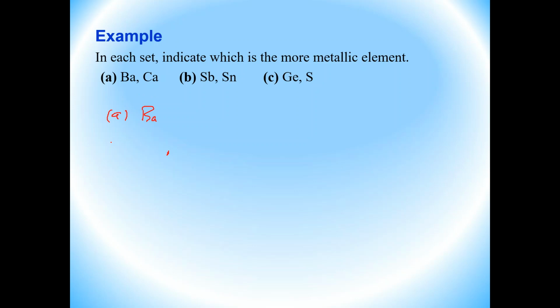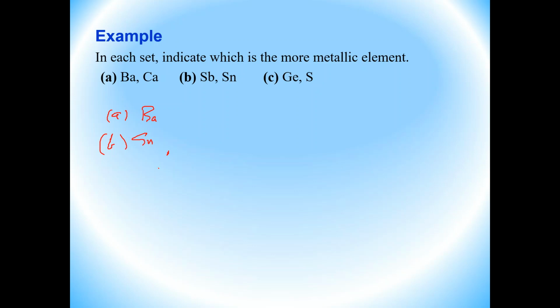In the case of B, let's see, antimony and tin. According to my periodic table, antimony is in group 5A, period 5, and tin is in group 4A, period 5. But tin is to the left of antimony. So that means that tin would be the more metallic element in this case.